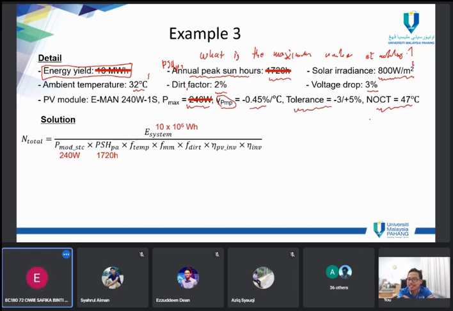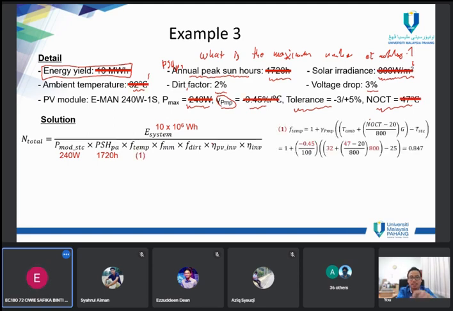Kejap. F-Temp ni kena kira. F-Temp dia ada equation tadi. Sini kot. Okay. Tak pasti doktor. Tengok kanan tu. Okay. Oh. F-Temp. Okay. Tadi.